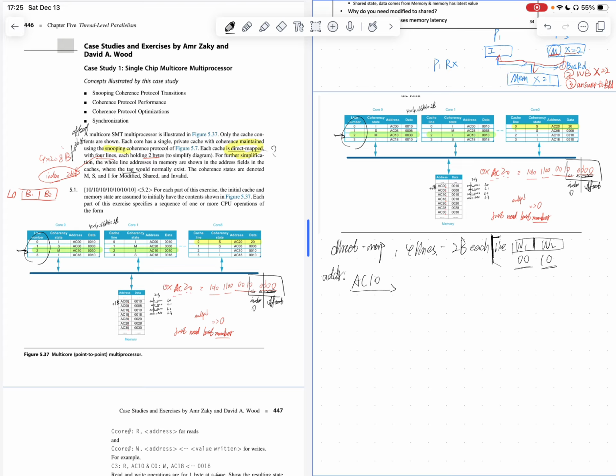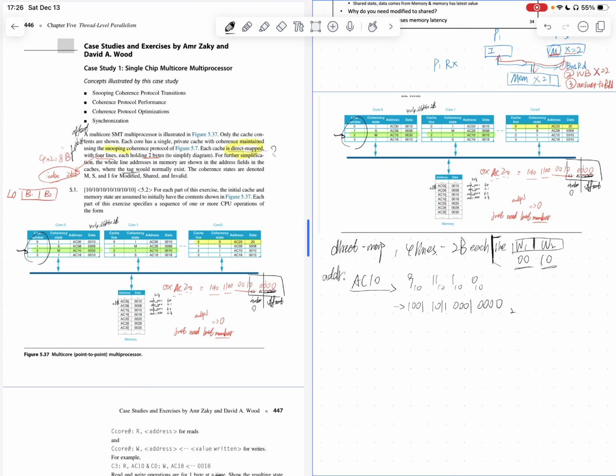A means 10. And C is 12. 1 is 1, 0 is 0. And also you can change it into a, right, 1, here is 9. Here is out of a byte.